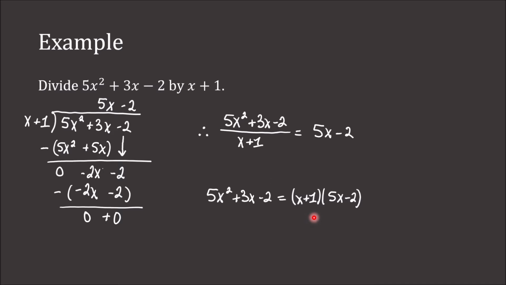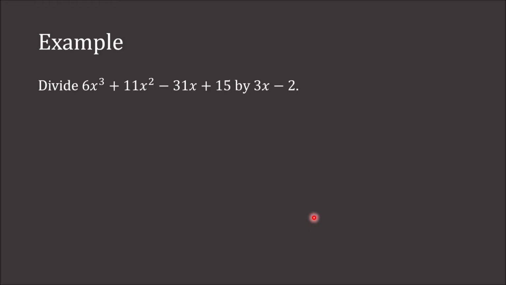So the next problem, sorry about that, 6x cubed plus 11x squared minus 31x plus 15 by 3x minus 2. So again, we want to set up the problem. 3x minus 2 on the outside, 6x cubed plus 11x squared minus 31x plus 15 on the inside.